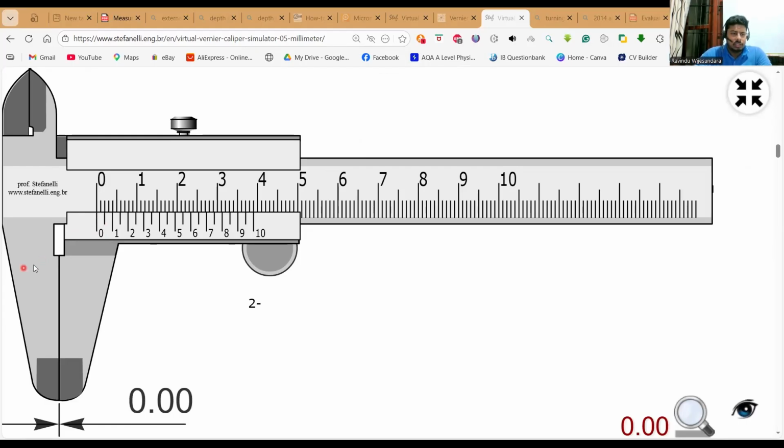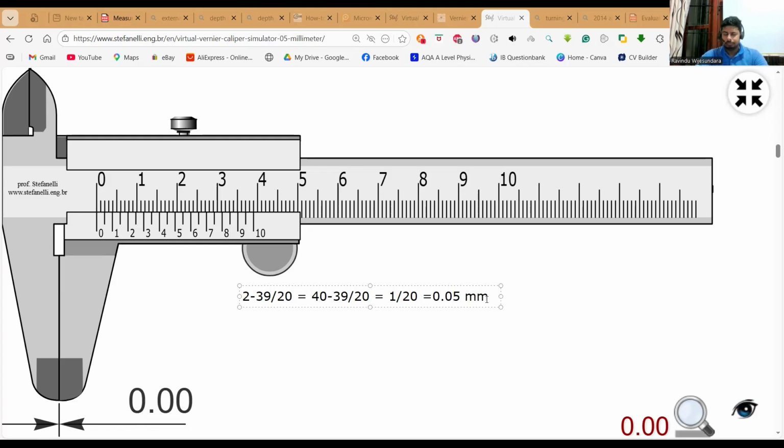That is why, when finding the least count, it should be 2 minus 39 divided by 20. If you take the common denominator, you get 40 minus 39 divided by 20, which gives 1 over 20, equal to 0.05 millimeters.